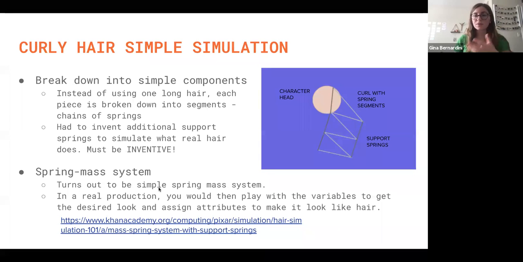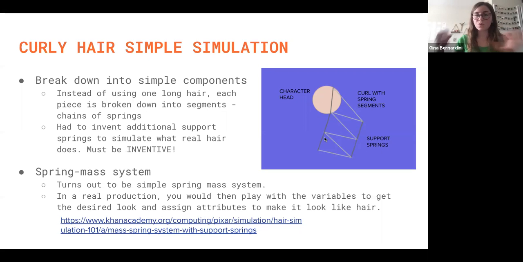Because it's a curl, springs work really well. This would be her head here, and this is just one curl coming off of her head. If you think of this lighter line as one curl, it would be a spiral. In 2D, it's just a zigzag line. Each one of these segments is a spring, so they have spring properties in between them.